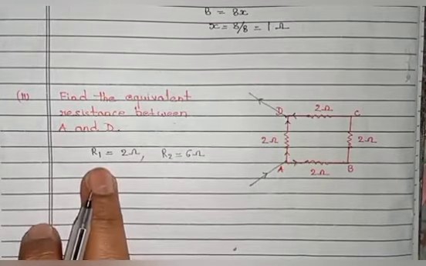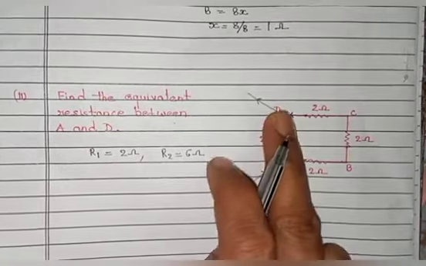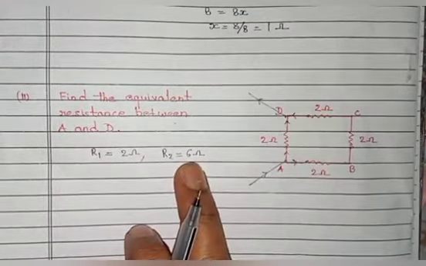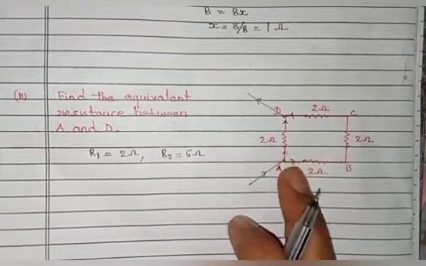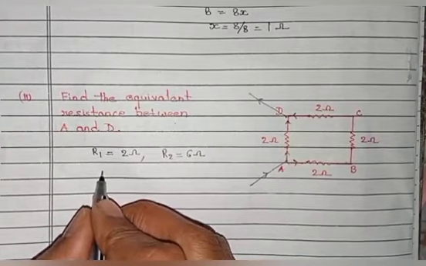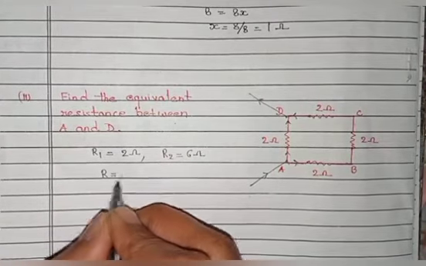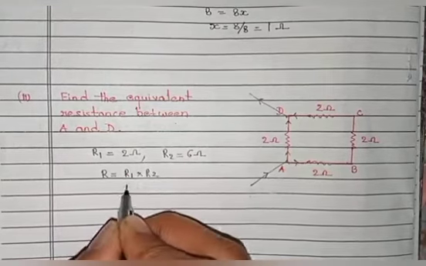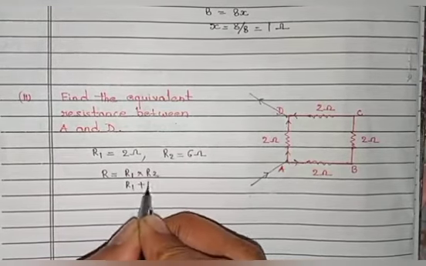So we have the resistance of the first path 2 ohm, and the second path 6 ohm. These two paths are in parallel because current is being distributed here, so you can apply the formula for two parallel paths, R1 into R2 upon R1 plus R2.